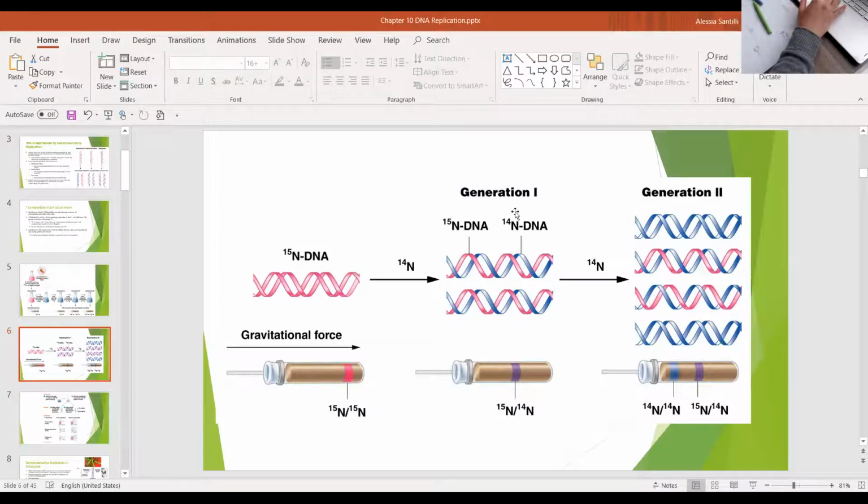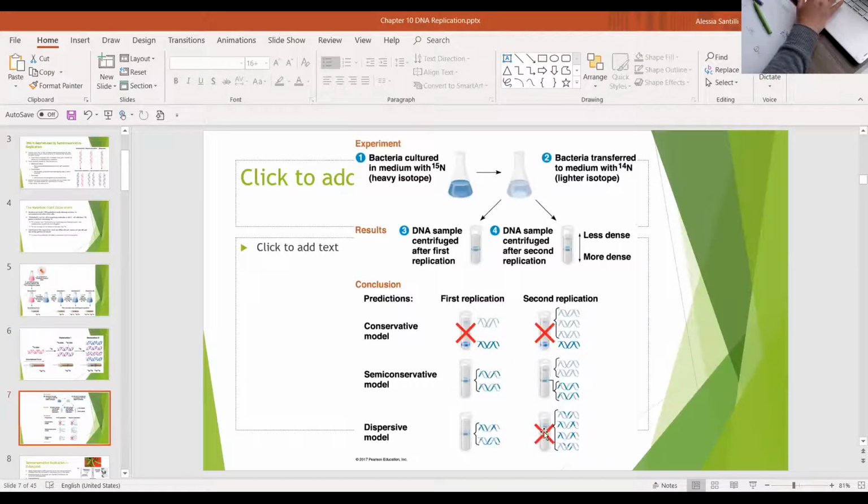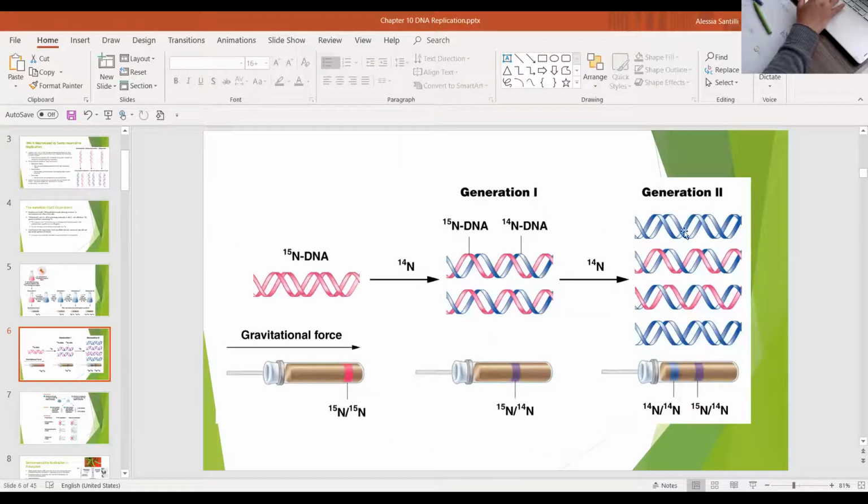Still at this point with generation 1, we couldn't actually negate the dispersive replication model. But when we looked at generation 2, we could start seeing that it was definitely only the semi-conservative. Because if it was the dispersive model in the second replication, we wouldn't have any DNA that would solely be 14N. You see that?